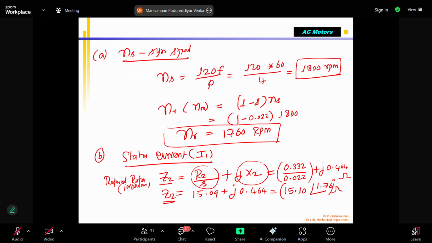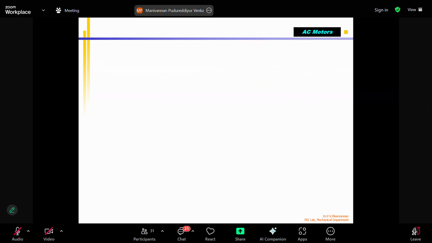But we need to find I1, so we need to find the net impedance. Net impedance consists of the magnetization impedance plus the rotor impedance; together they form the net impedance.